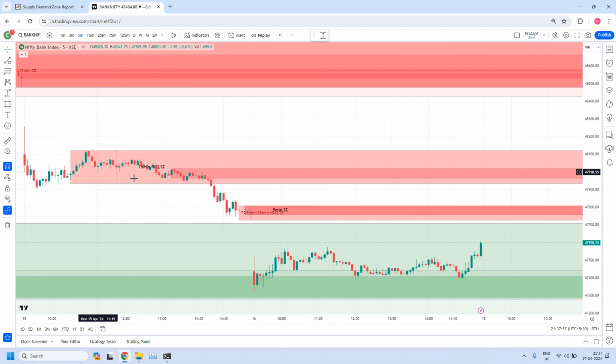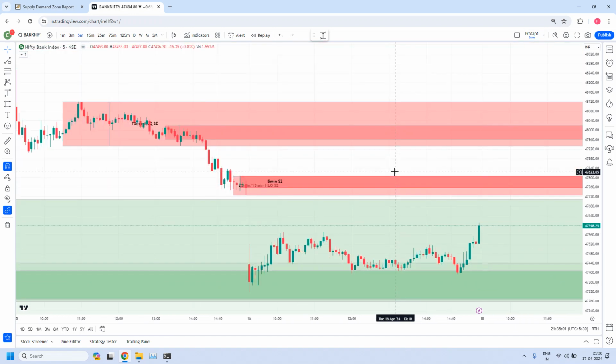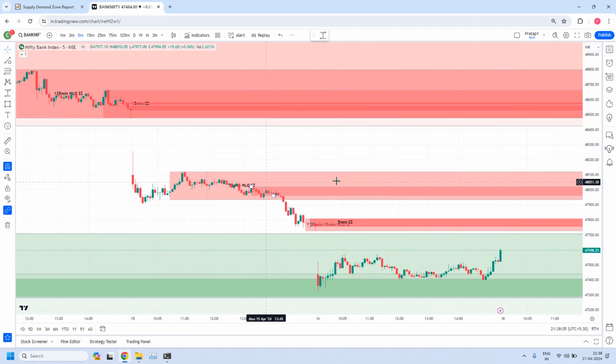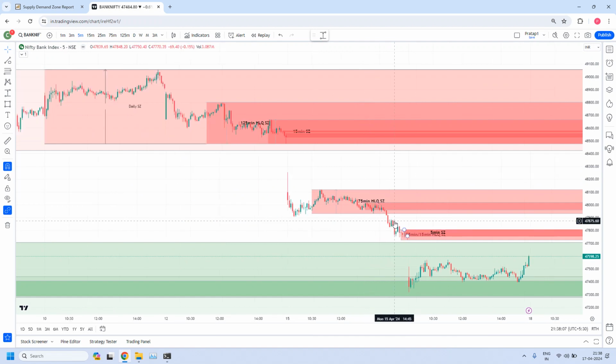So this 75 minutes high liquidity zone is a weak area. Next time if anybody wants to enter or plan a trade, maybe it's not a good one. That's why fine tuning the zone, what I explained in lesson 16, everybody should build a good skill. With everyday HLQ analysis, I am enhancing your skills with my analysis videos.